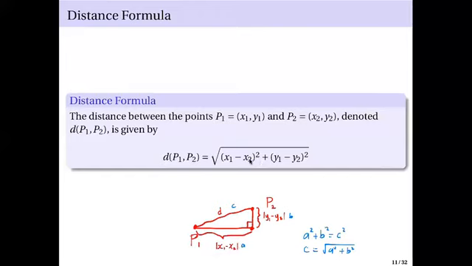You'll get this part. Your B is the absolute value of y1 minus y2. If you square it, you'll get this part. It's always positive, so you can remove the absolute value. And your C is just your D. That is the distance. So you will obtain this formula. So it's all about triangles. This distance formula is also about triangles.